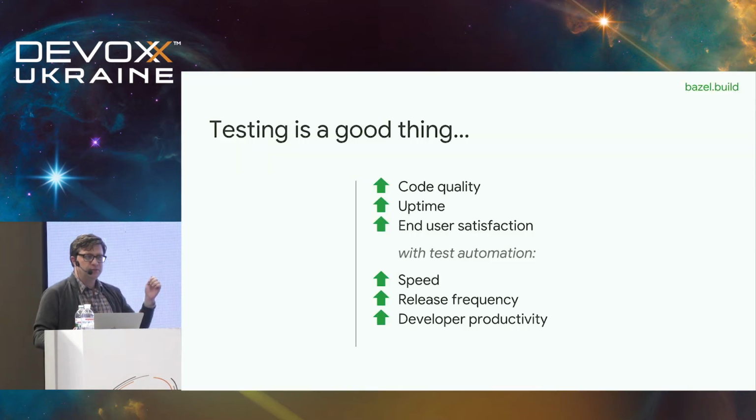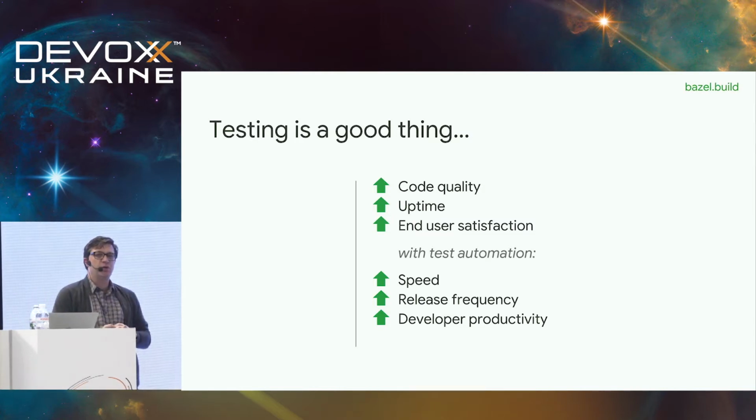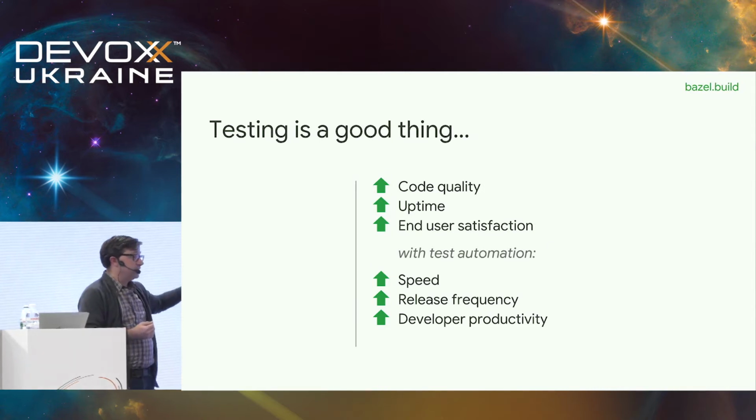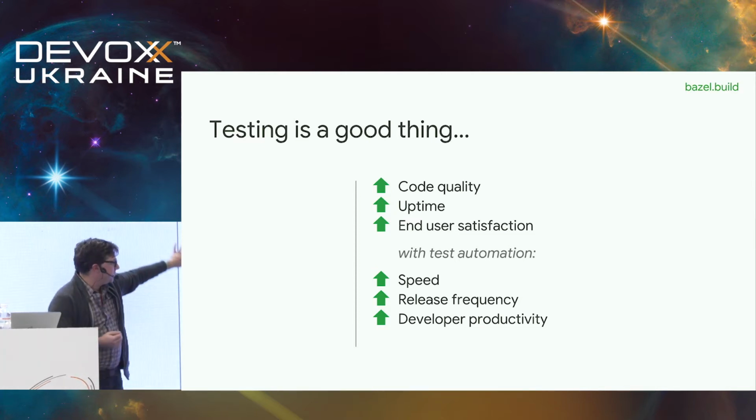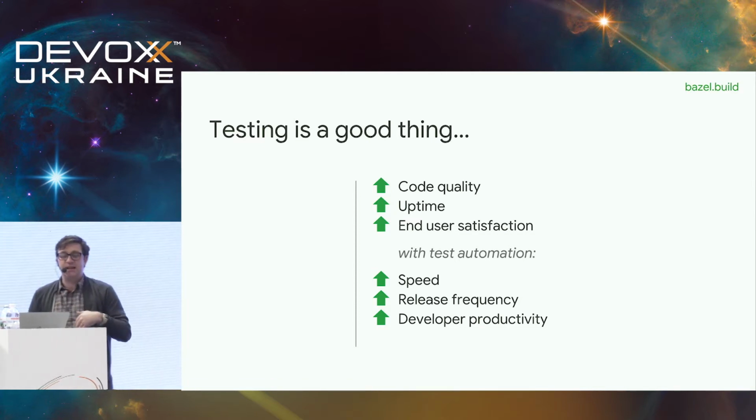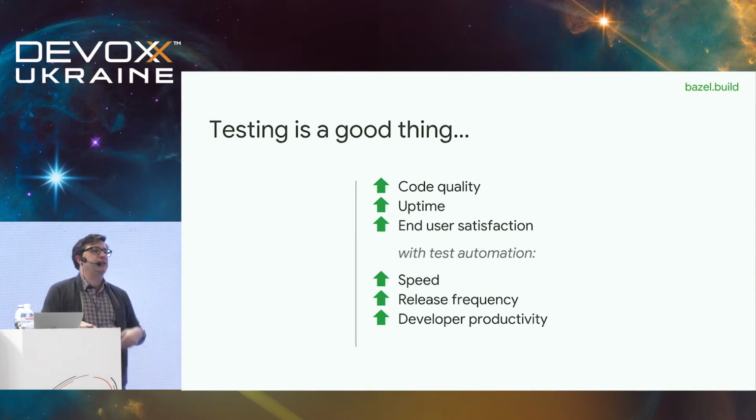But let's talk about testing. So testing is great, right? There's a lot of research out there that'll show how thorough attention to testing leads to better code quality, more uptime, more end user satisfaction. You make your users happy, and then you make your managers happy, and then they give you raises, and that makes you happy.